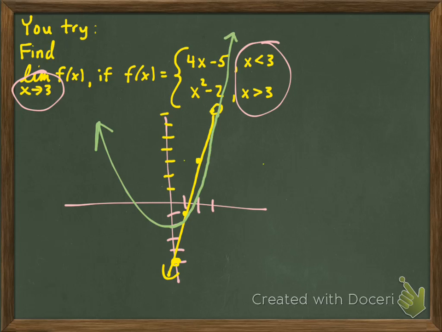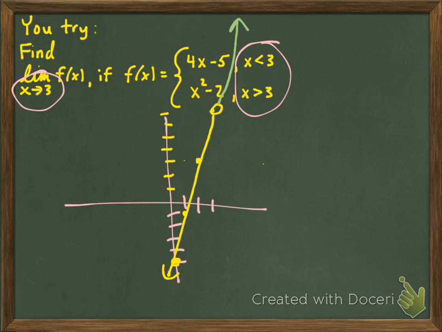So we'd have a parabola that has a y-intercept of negative 2, and we'll go up like that. But we can't use the whole parabola because we're restricted to a domain of x is greater than 3. And so we're going to pick it up from x equals 3.